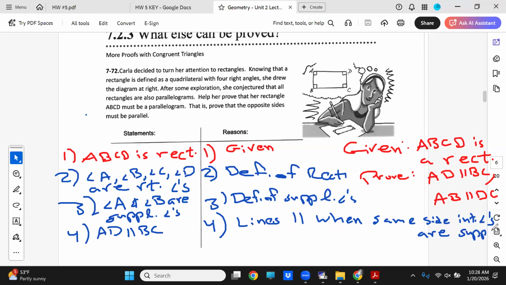Is this like another CP? No. You guys have done this in the past, like when alternate interior angles are congruent, lines are parallel. So there's no triangle congruence going on here. And by the way, if I do step 5 and step 6, I'm going to also say definition of supplementary angles.